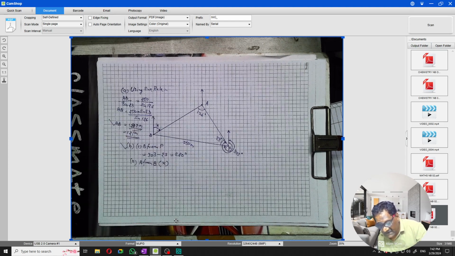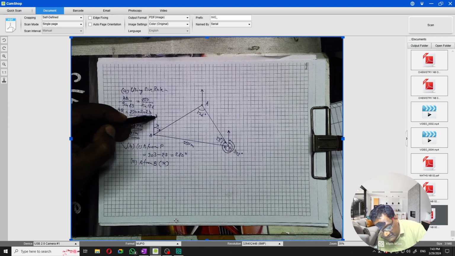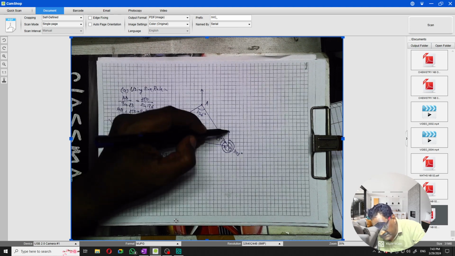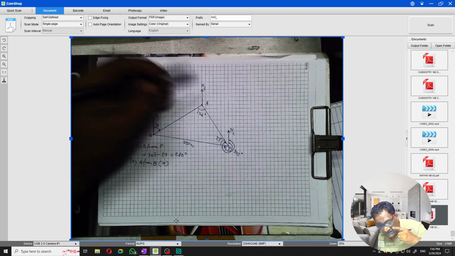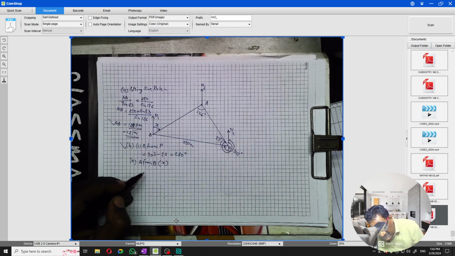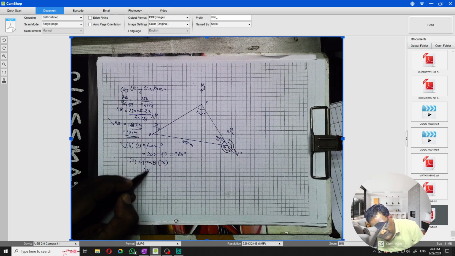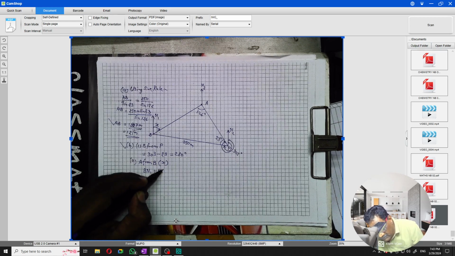And I can see that this BN1 and PN2, and let me take this as N3. Now you can see that BN1 and PN2 are parallel. So can I write BN1 is parallel to PN2, right?